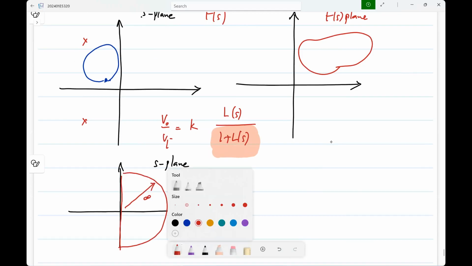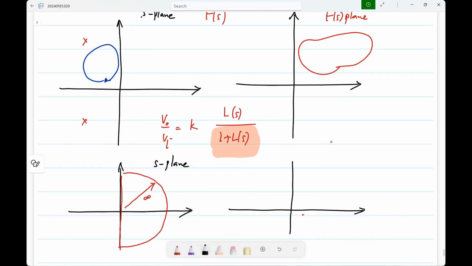Now, this f of s will be 1 plus L of s. So you calculate 1 plus L of s along this contour and see what happens to that contour.